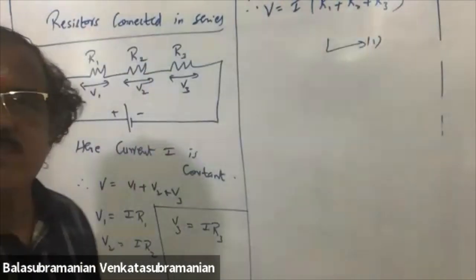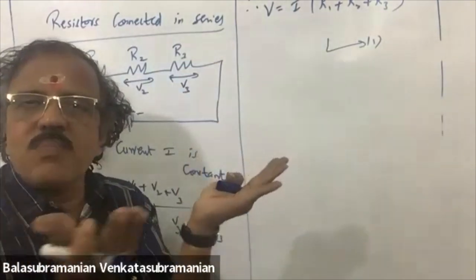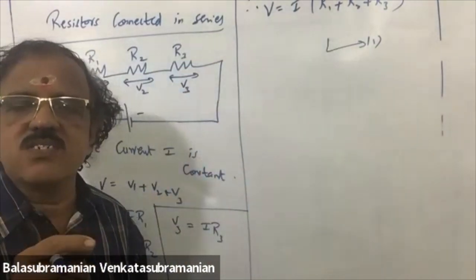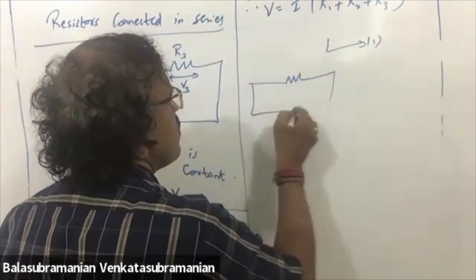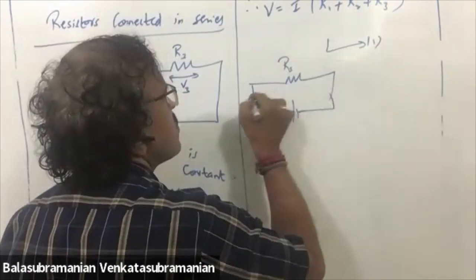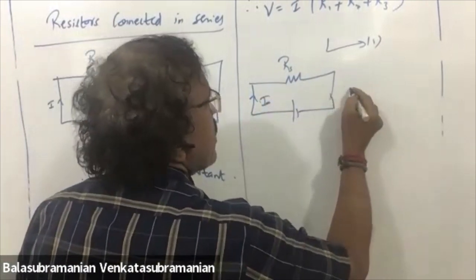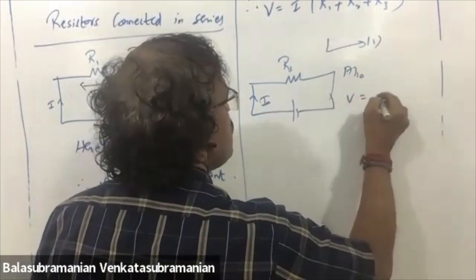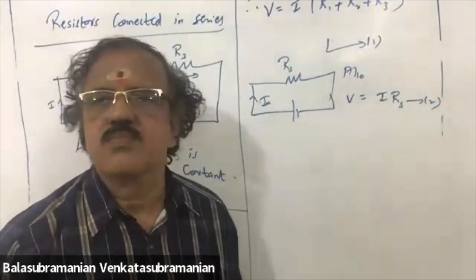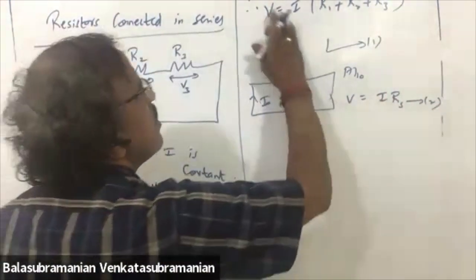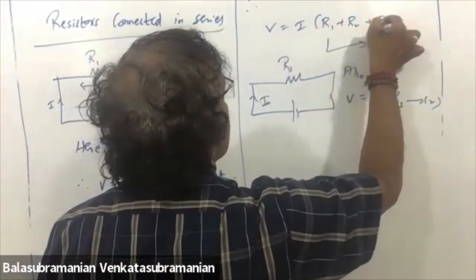Now, these three resistors you combine to form a single resistance, the effective resistance or total resistance when connected in series, RS. Here also V is equal to I RS. Current is the same. Here V is equal to I into R1 plus R2 plus R3.